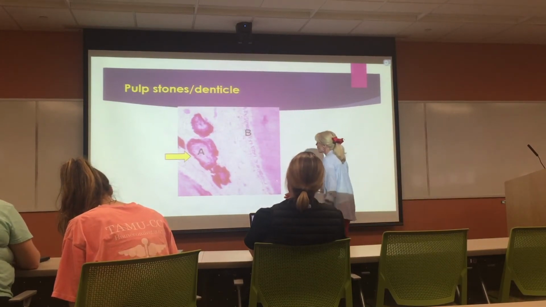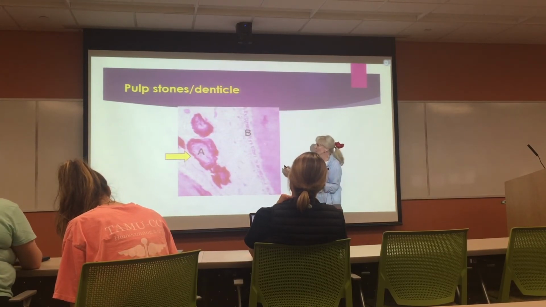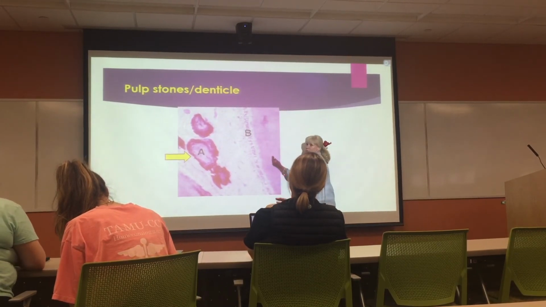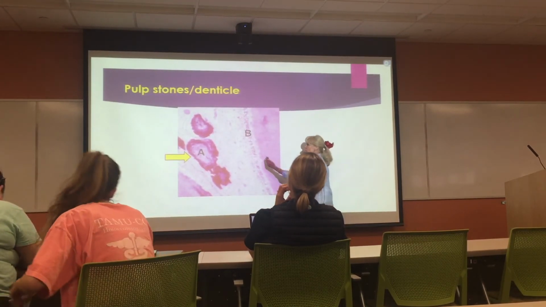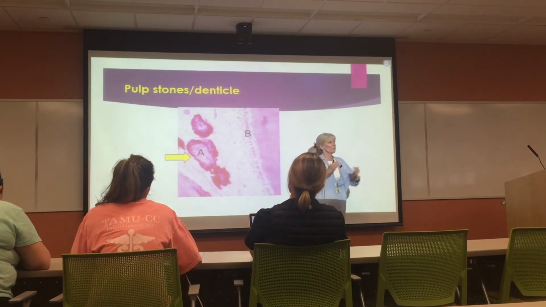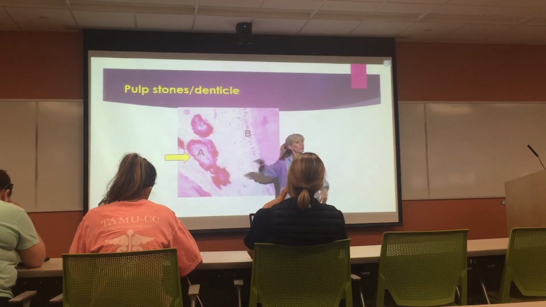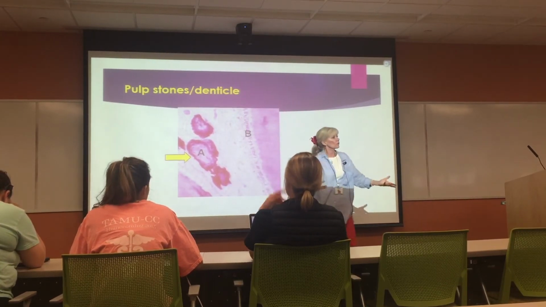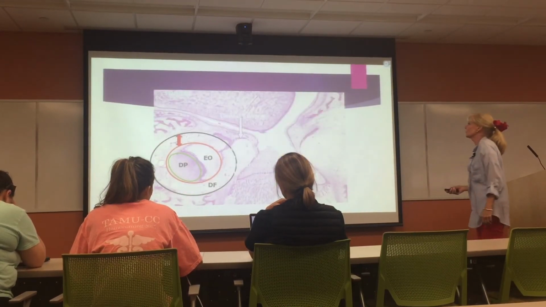You can see kind of little lines. You can get a sense of calcospheroids. There's predentin and dentin. There's a layer of cells. So this is dentin. So where are the odontoblasts? They're in the pulp. So this has to be pulp. So if this is pulp, then they're denticles. I think I've got some denticles on here too.